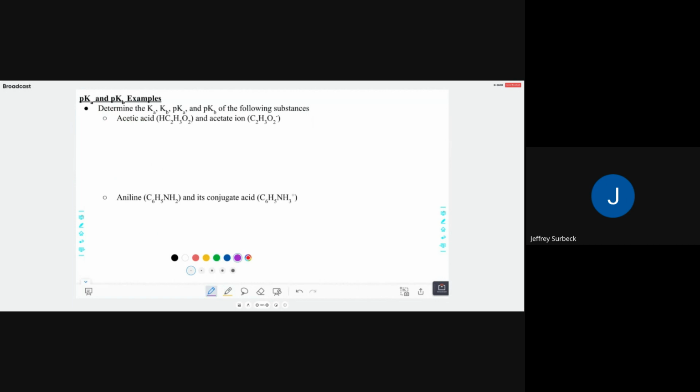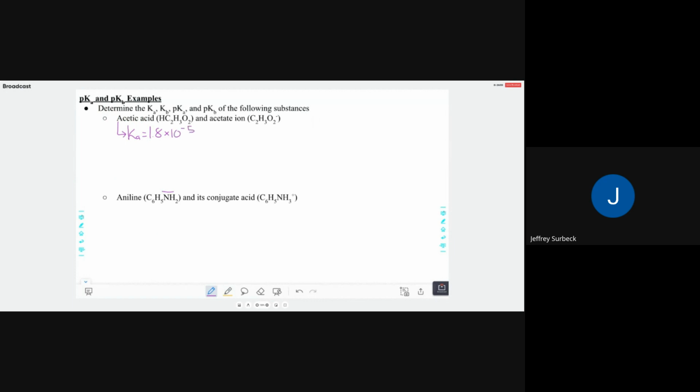I'm going to start out with acetic acid because it's on our acid dissociation chart. And if you look up acetic acid, it's the very first acid on our chart. The Ka for acetic acid is equal to 1.8 times 10 to the negative fifth.